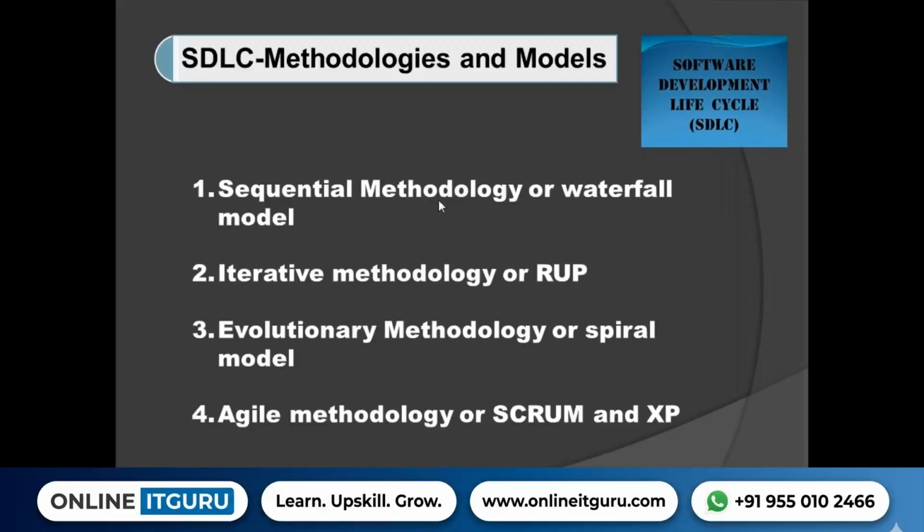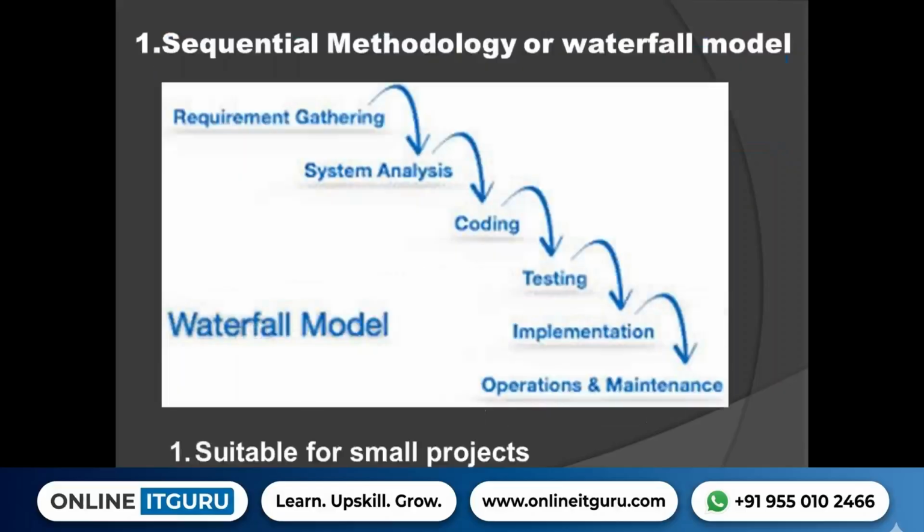So first we will see sequential methodology, or the waterfall model. Now, what is the waterfall model or sequential methodology? Sequential methodology is a very traditional and rigid method, a very old model, where we can't make any changes to the requirements.